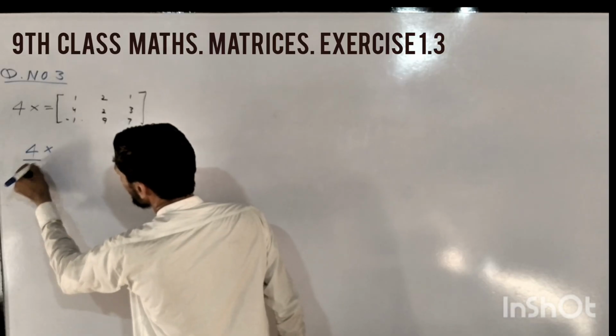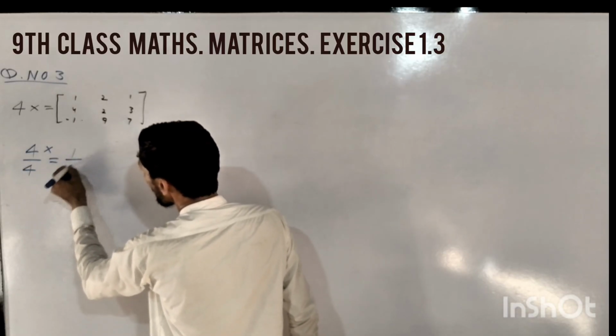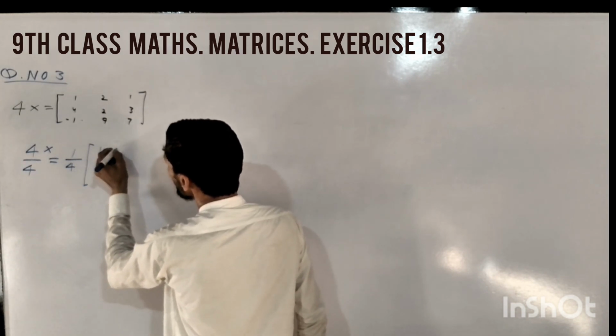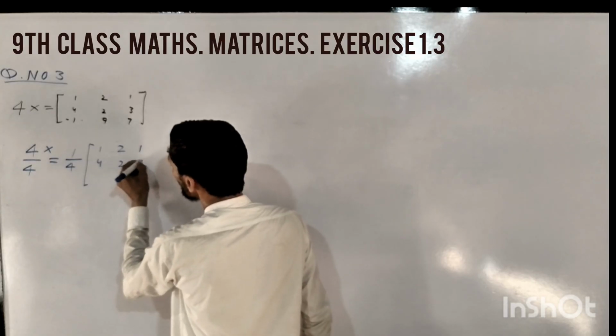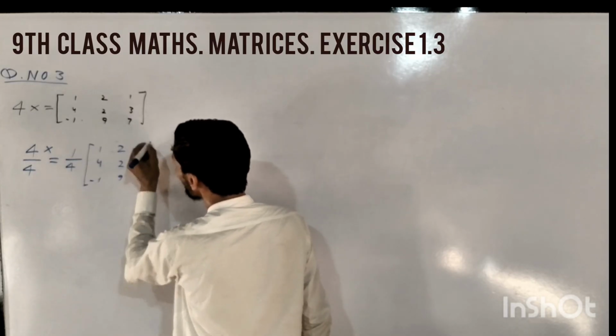4x divided by 4 is equal to 1 over 4 times the matrix [1 2 1; 4 2 3; -1 9 7].